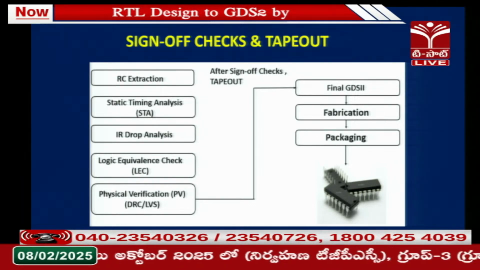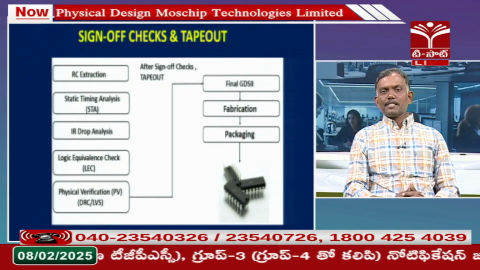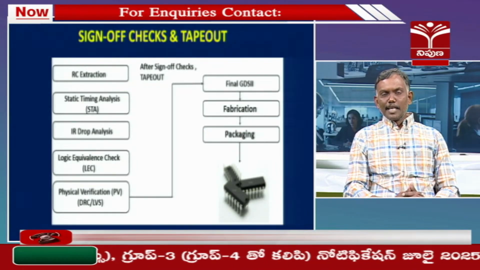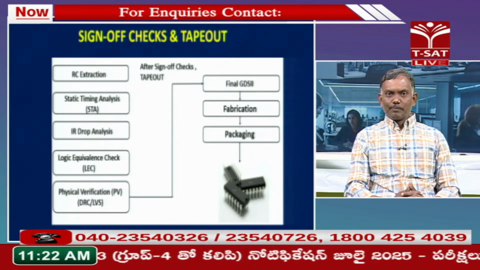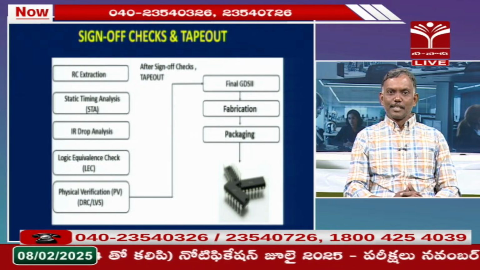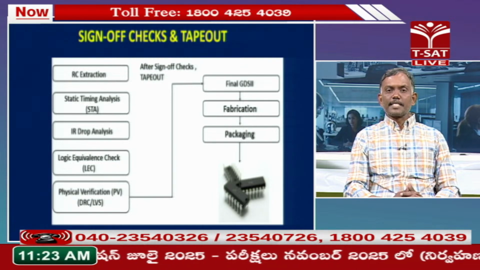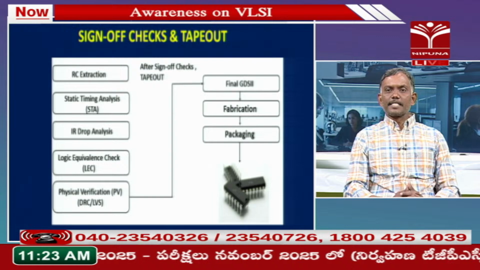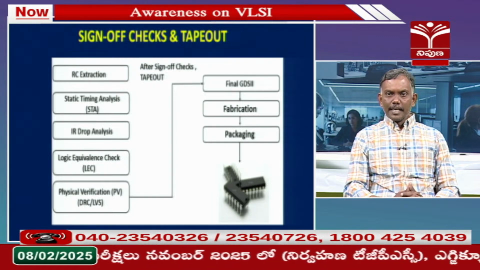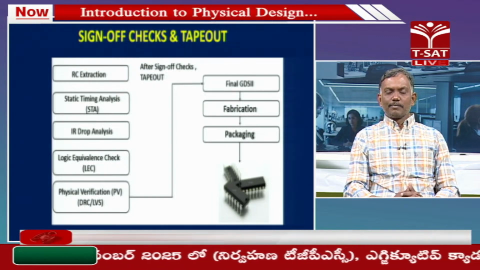That is one thing. Next is static timing analysis, STA. In logic synthesis we did STA, in place and route we did STA, but still that is not sufficient. We should run one more round of static timing analysis using the sign off tools, that is sign off STA. Next, IR drop analysis.